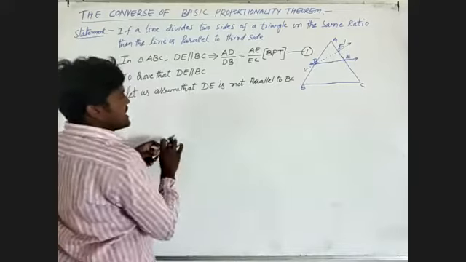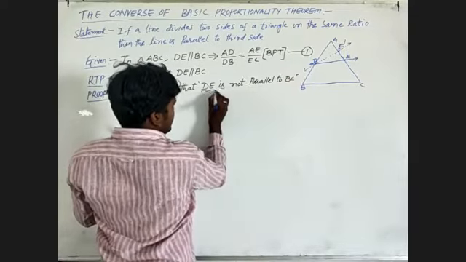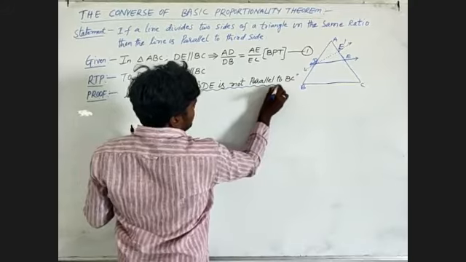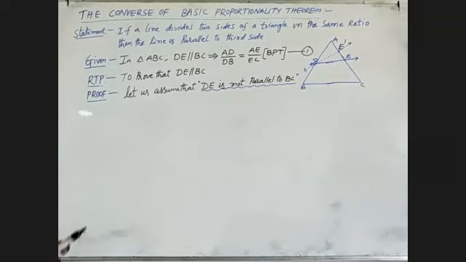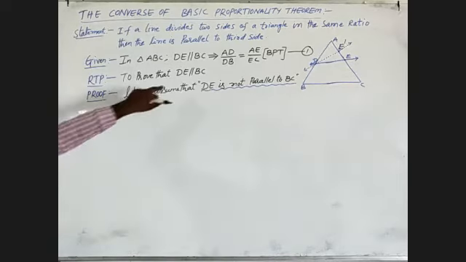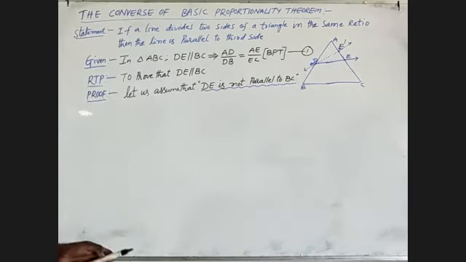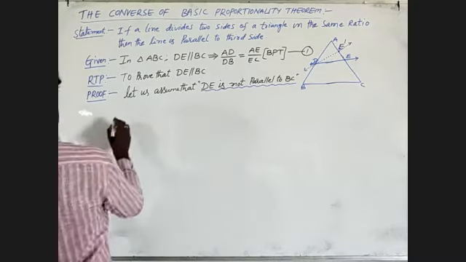I will take this condition. DE అనేది BC కి parallel గా లేదు అనుకొని your assumption is wrong అని final గా DE is parallel BC అని prove చేస్తే then the given theorem is proved. Let us assume that DE is not parallel to BC.